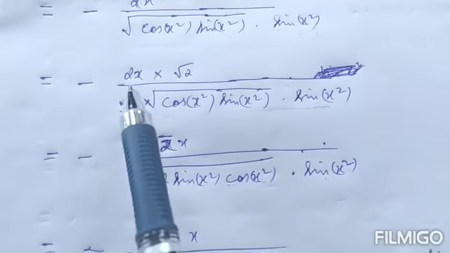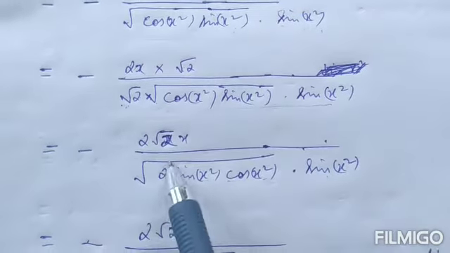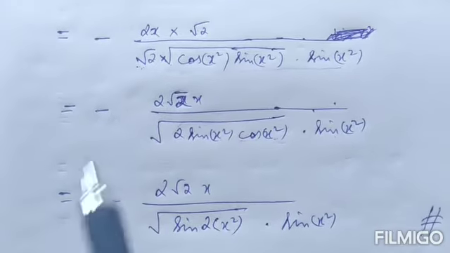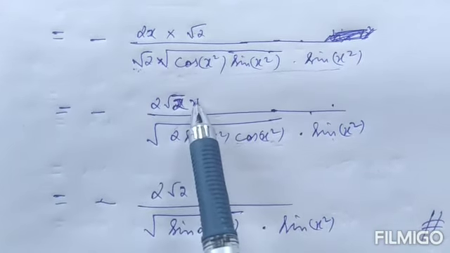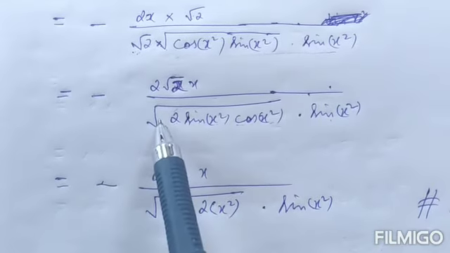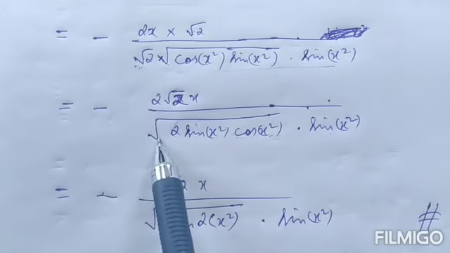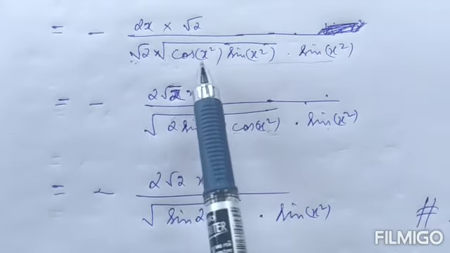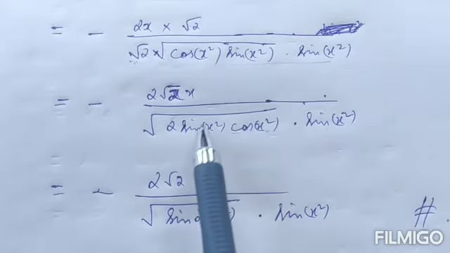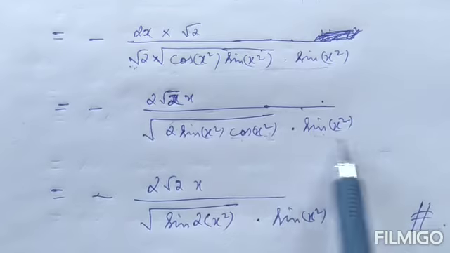And in the next line, I introduce square root of 2 both on the numerator and the denominator. And then in the next line, I'll arrange it: 2 square root of 2 x on the numerator. On the denominator, I have 2 square root, I take square root common. So inside the square root I'll have 2, and then cos of x square, sine of x square. I write first sine of x square, cos of x square, and then this one remains the same.